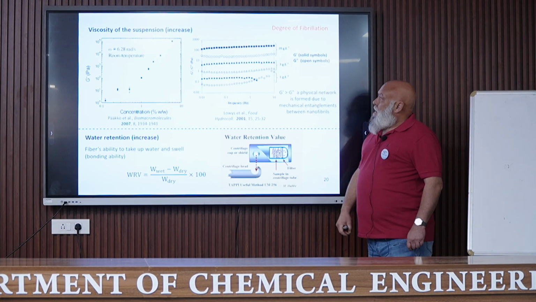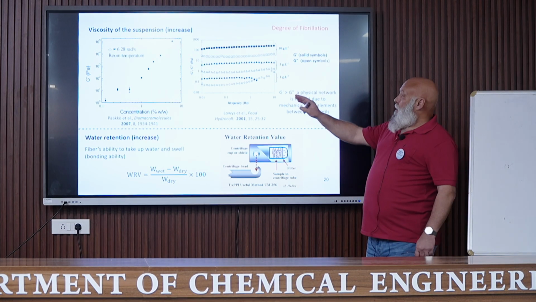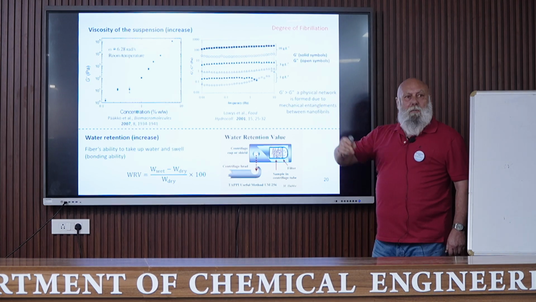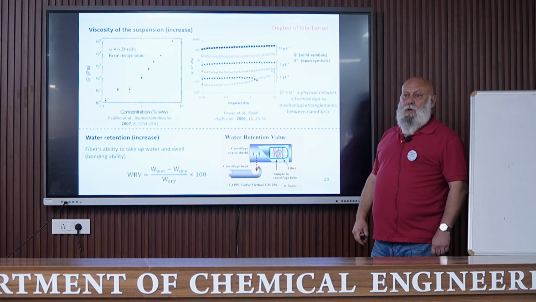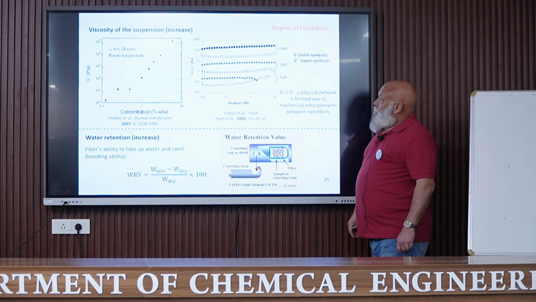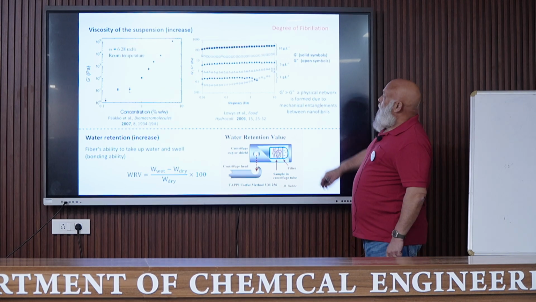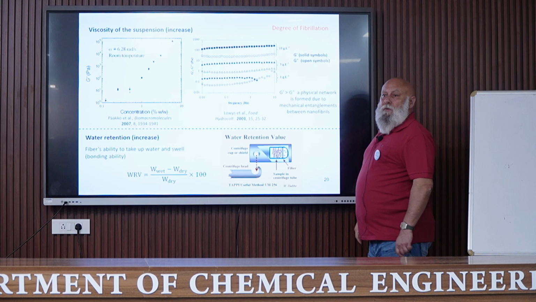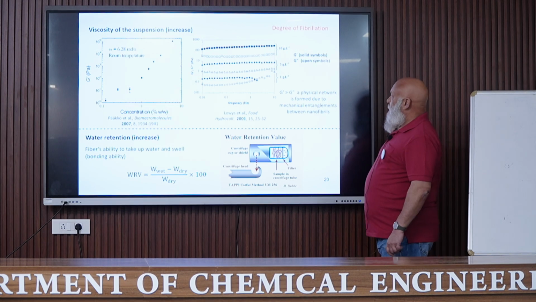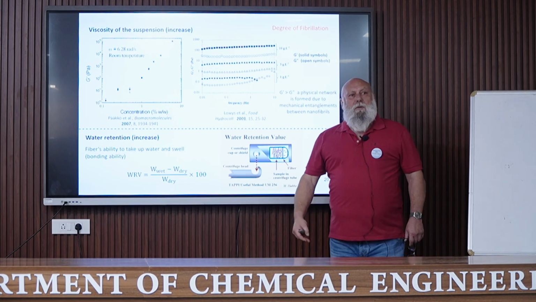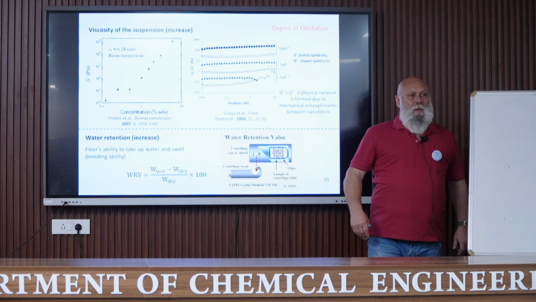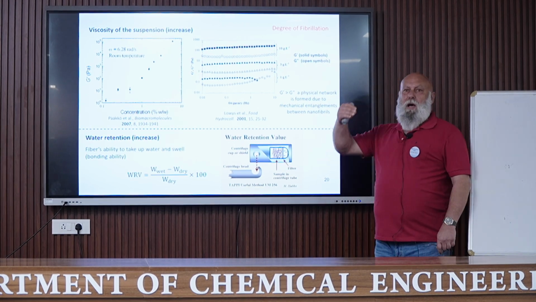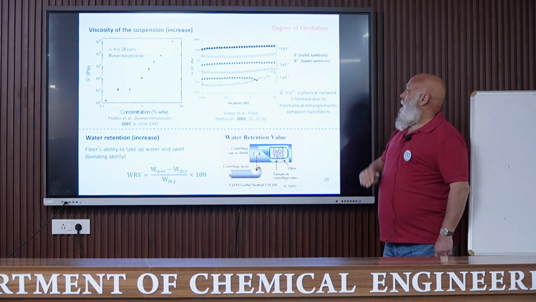Here we can see G prime, the storage shear modulus, and G double prime, which is the loss shear modulus, sorry. And we can see the evolution with the frequency of the measurement. Usually when considering a liquid, G double prime is higher than G prime.